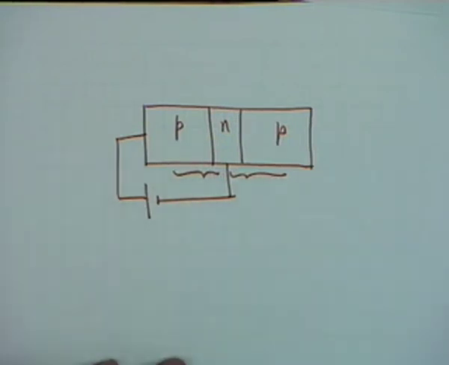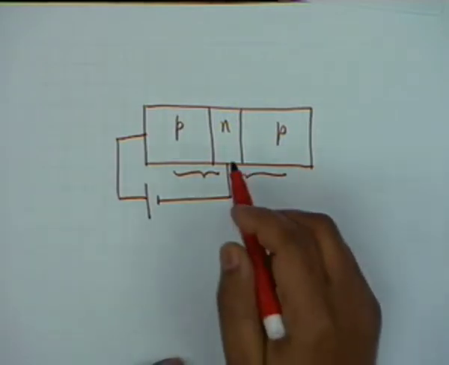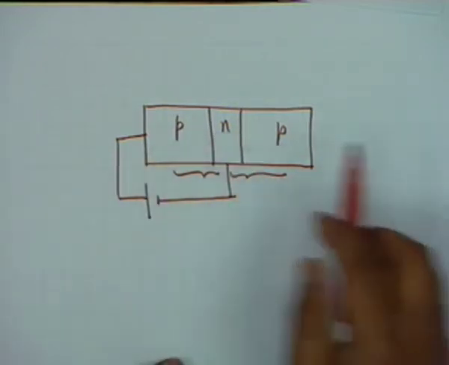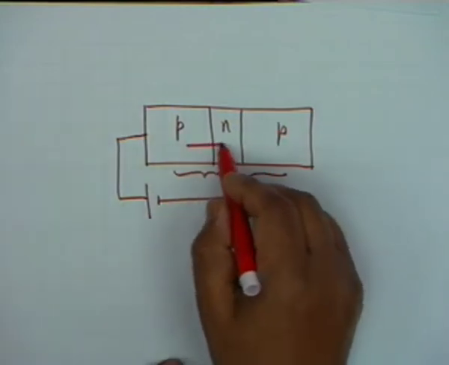What is the resistance of this junction? When it is forward biased, the resistance is ideally 0, but it is of the order of tens of ohms, that is about it.